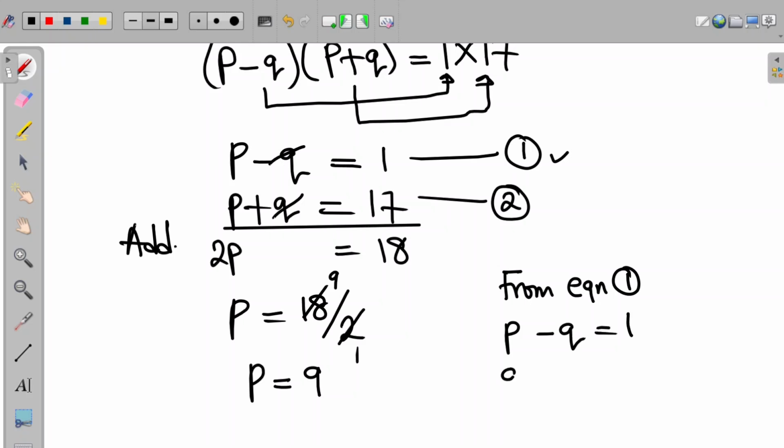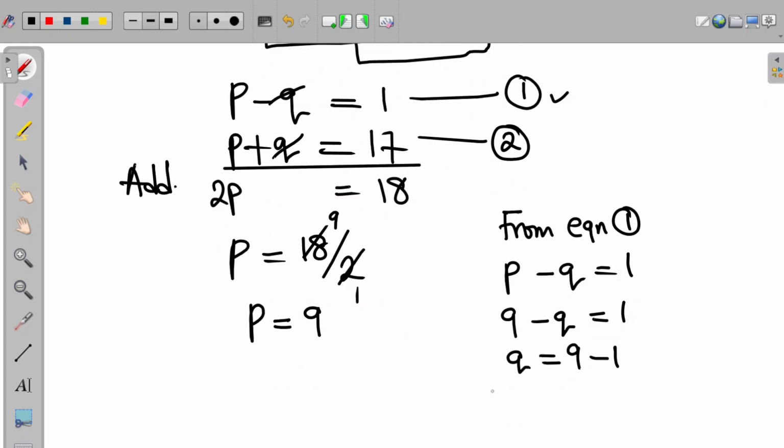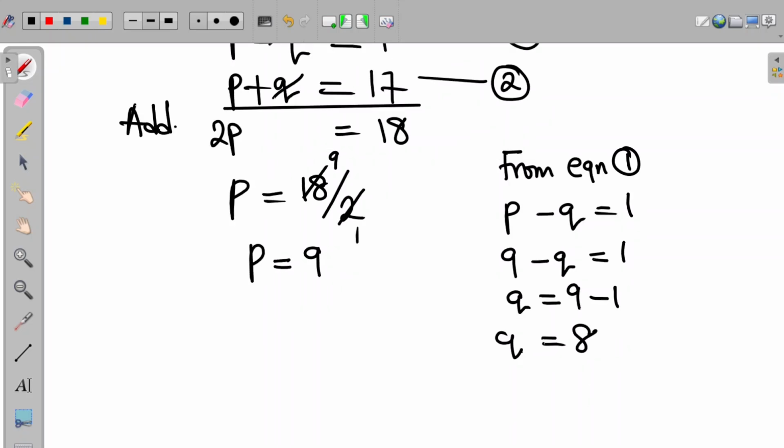So 9 minus q is equal to 1. Therefore, q will be equal to 9 minus 1. So q is equal to 8. So therefore we have that p is equal to 9 and q is equal to 8.